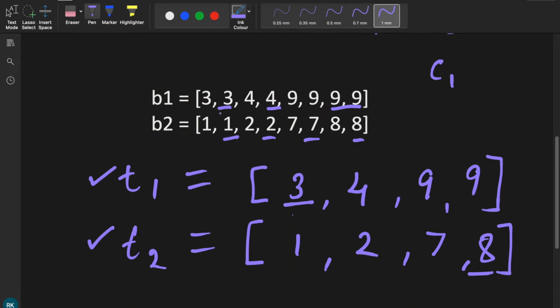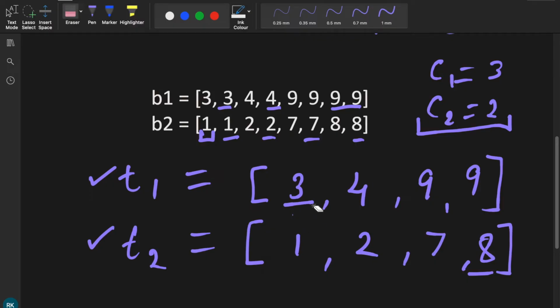In this case, the minimum in all the baskets is 1. So C2 will be equal to 2 into 1, that is 2. So we will get C1 as 3 and C2 as 2. Since the two transaction system is costing less, we will add 2 to our answer.